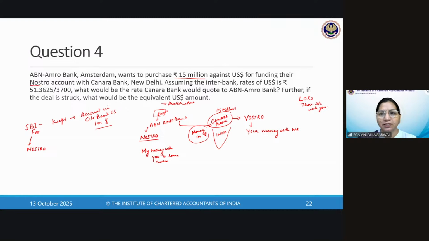Now, assuming the interbank rates for US dollar rupee is 51.3625 oblique 3700, which means the bid is 51.3625 and the ask is 51.3700. What would be the rate Canara Bank would quote to ABN AMRO Bank?